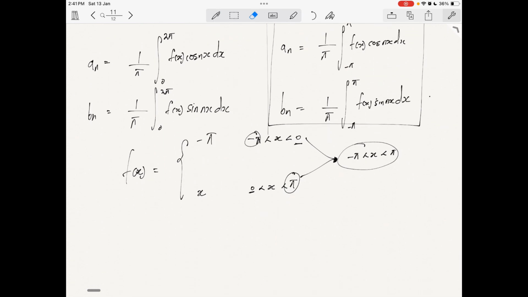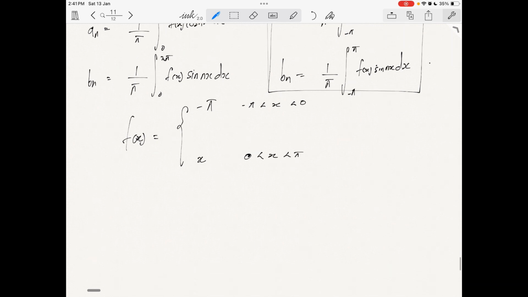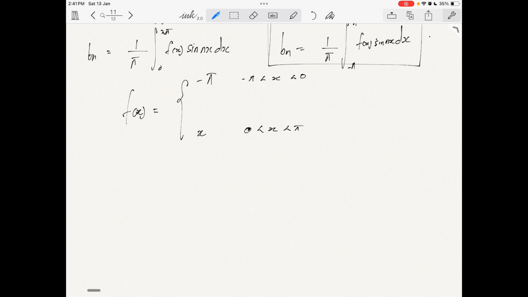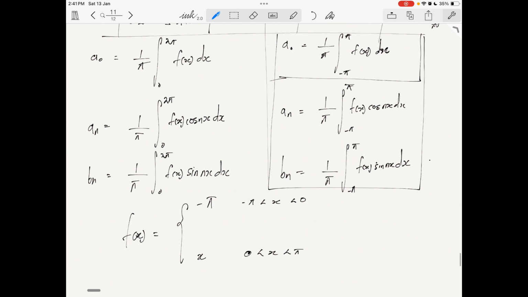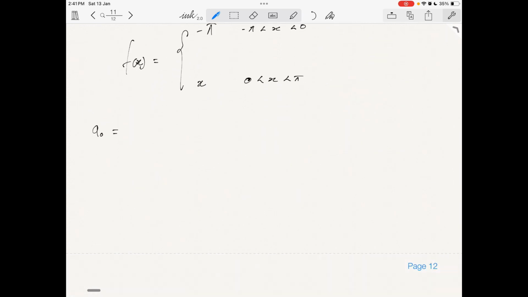Now let's solve. Minus pi less than x less than 0 and 0 less than x less than pi. So this is a form of discontinuous function. Let's solve for a naught, and our a naught is 1 over pi integral of minus pi to pi of f of x dx.